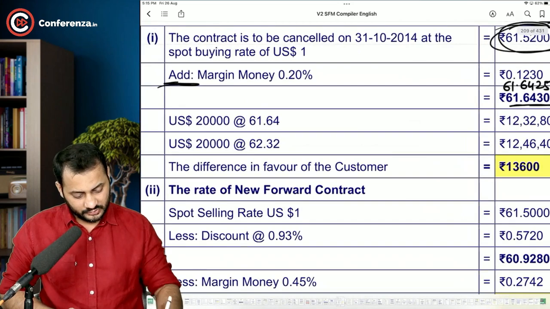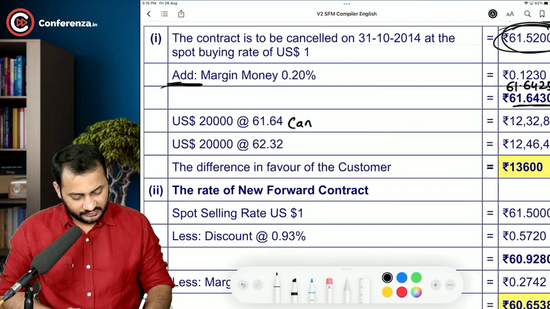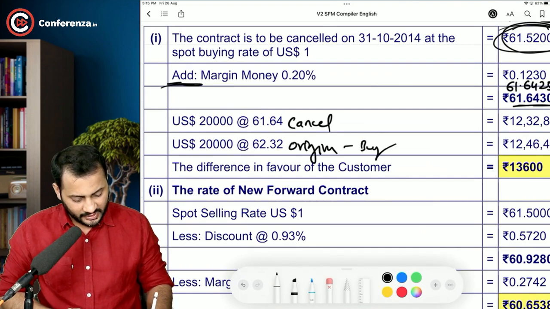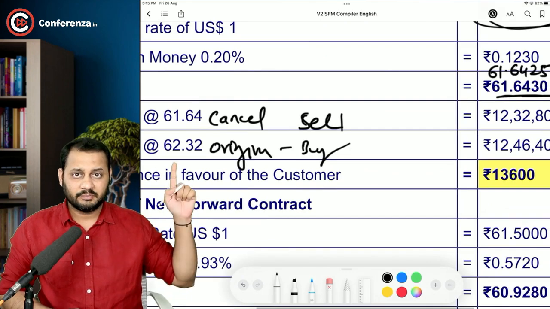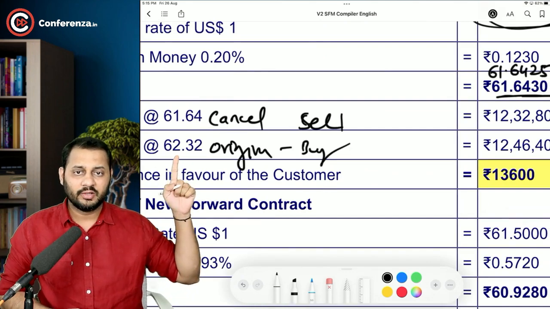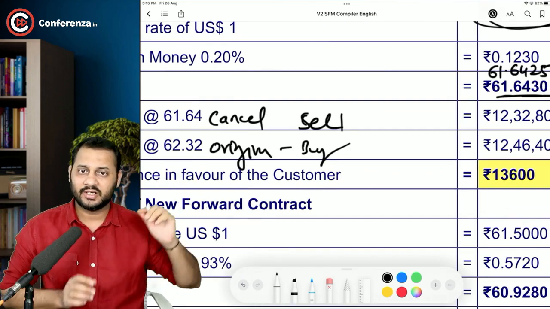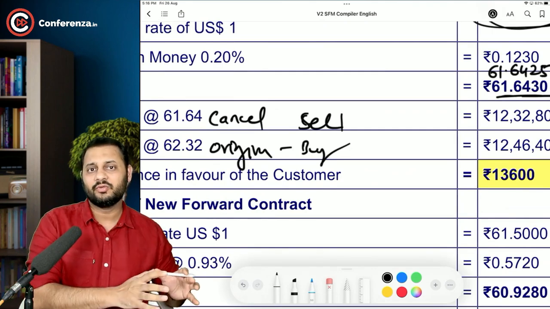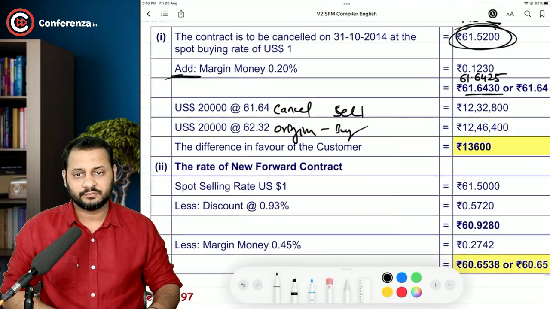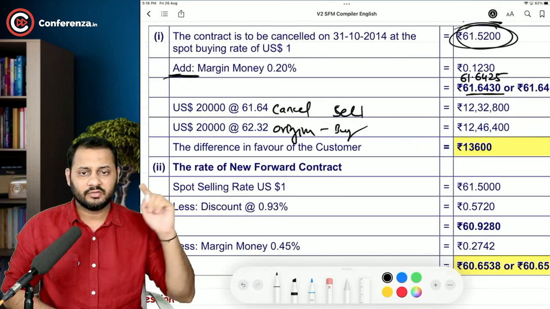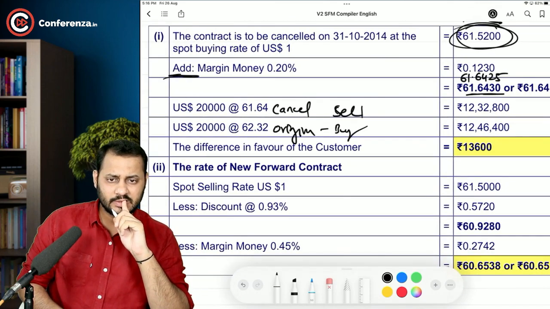So this is the cancellation. This is original. Original was buy and cancellation is sell. You can clearly see that the bank is buying at a lower price and selling at a higher price. So again, in this question, there will be a profit to the bank on cancellation and loss to the customer. The difference in favor of the customer, let me just check once again.